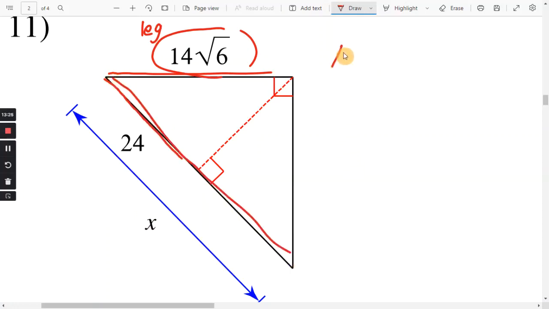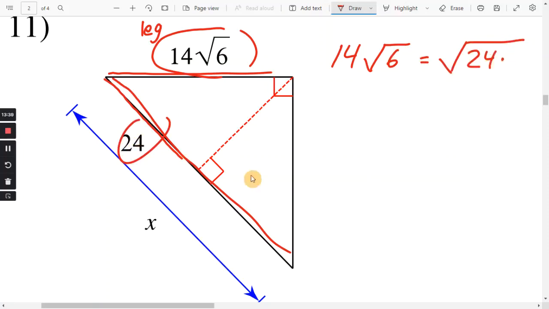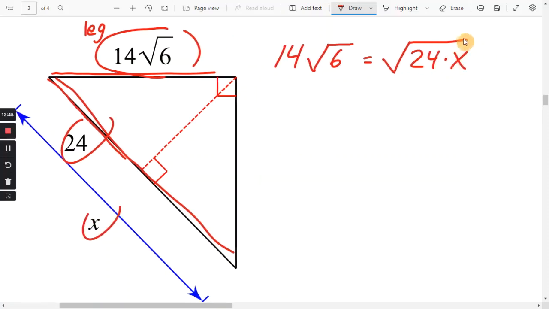So 14 radical 6 is going to be the square root of 24 times the whole thing, which is X. How do we get rid of square roots? We can just square both sides. So I'm going to square that and square that.